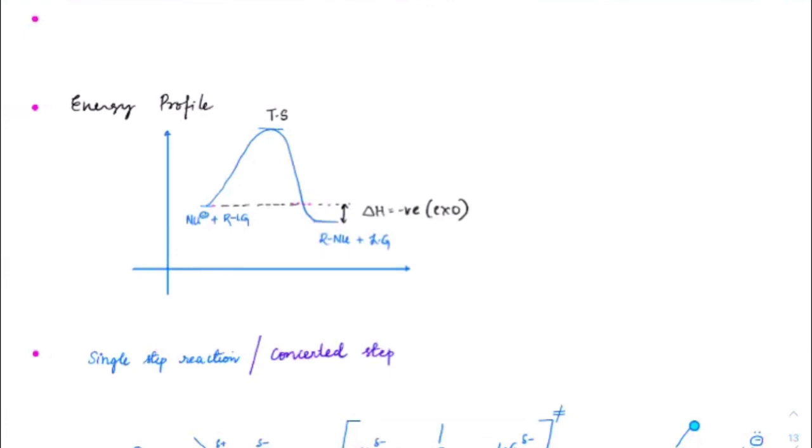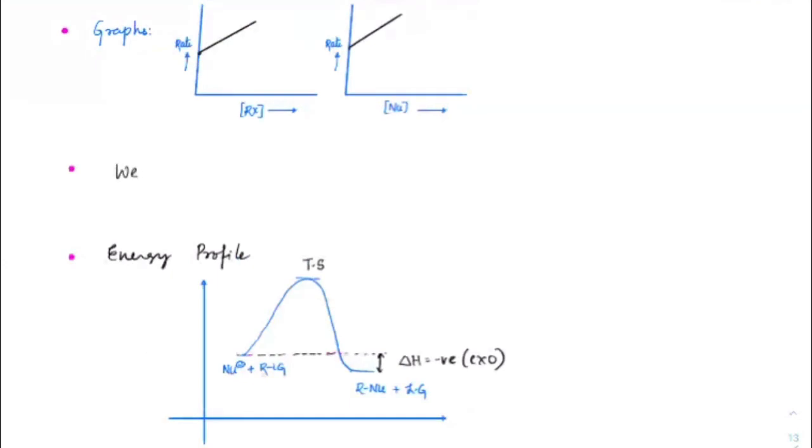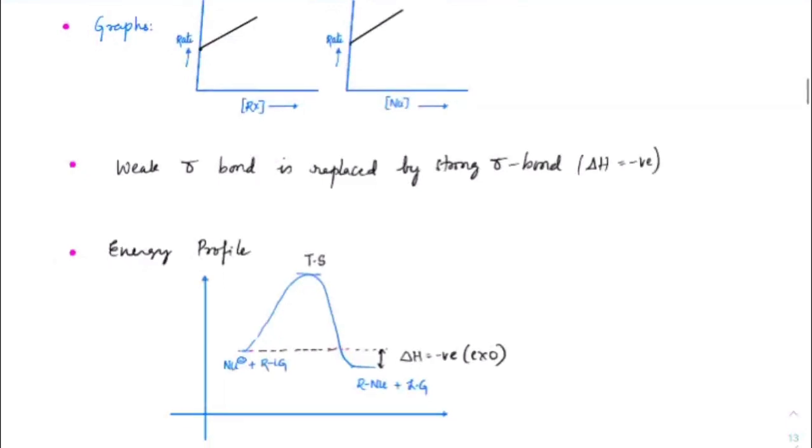And since it is an exothermic reaction, we can simply say that a weak sigma bond is replaced by a strong sigma bond, as delta H is negative.